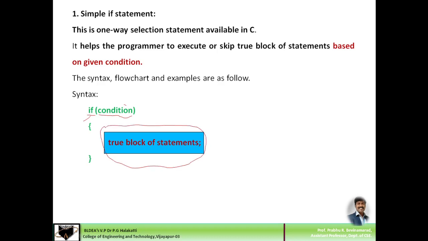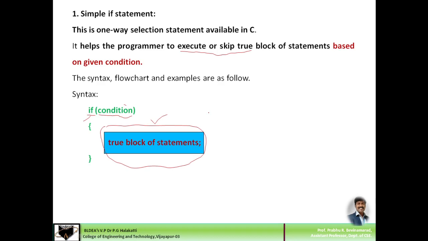Okay, so there is only one way of selection here. We are only checking for the true condition. If the condition is true, this block will be executed, and if the condition is false, we don't have any block to be executed here. That's why it is called a one-way selection statement.